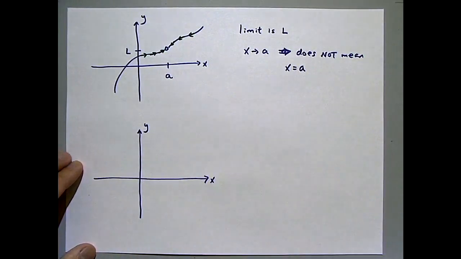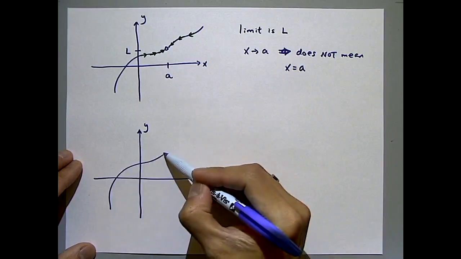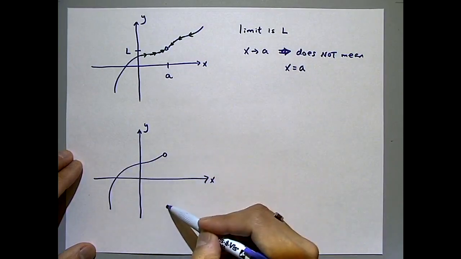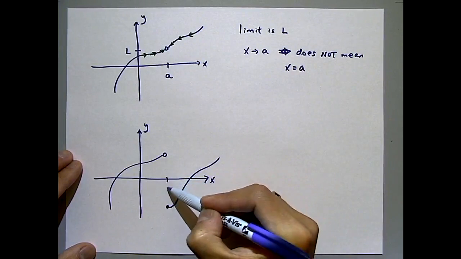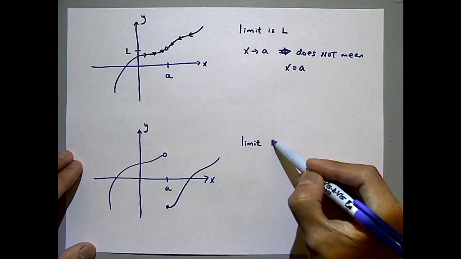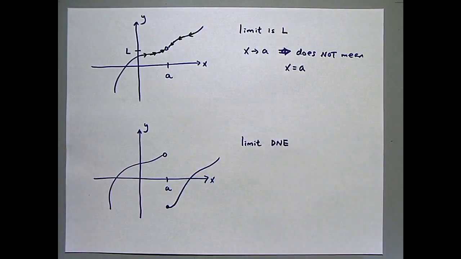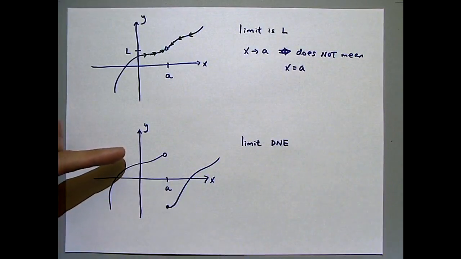And you remember some of these classical examples of cases where the limit doesn't exist, like this one, for example. Right? From one side, we get closer and closer to, say, 2.